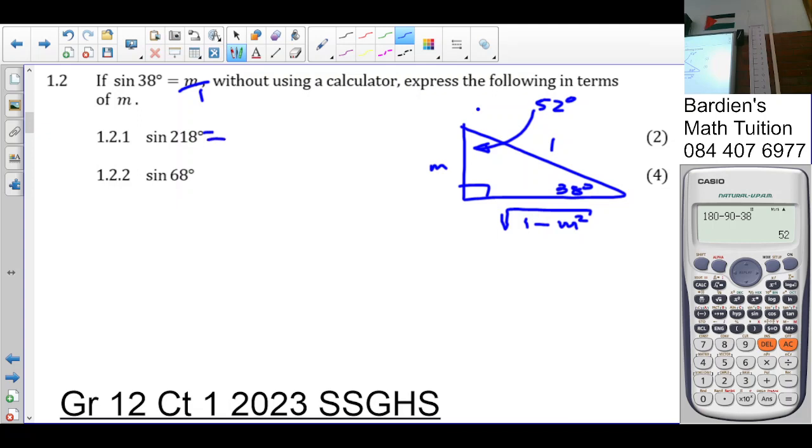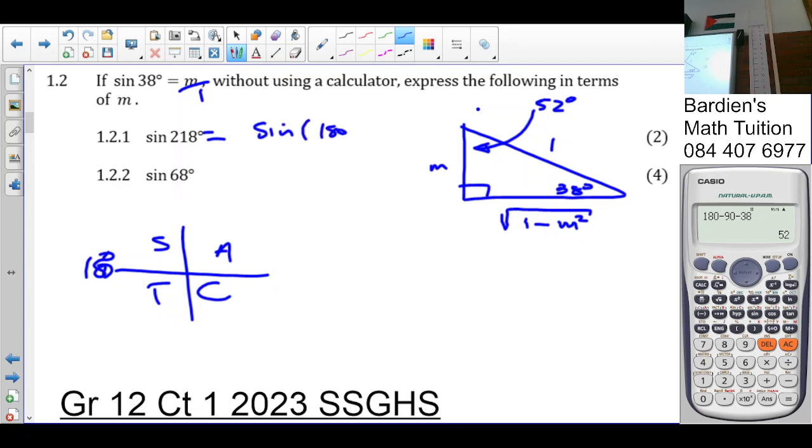So now let's look at 1.2.1. 218 degrees is in the third quadrant. How do we get in the third quadrant? It's going to be sine of 180 plus 38 degrees.